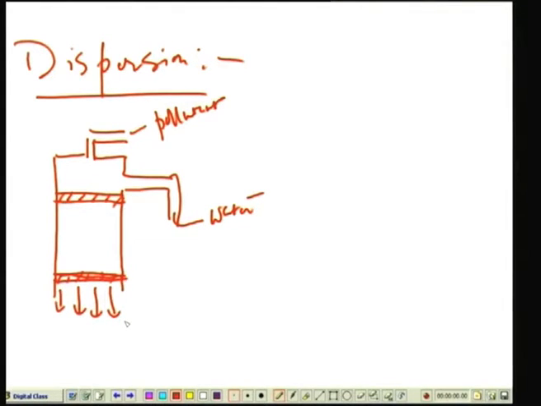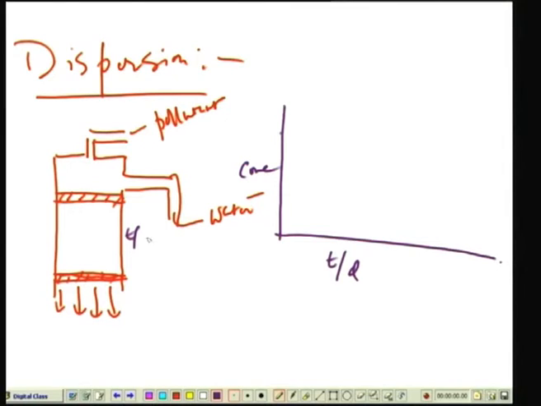we can generally observe one important attribute here. This is the concentration, across time or distance.